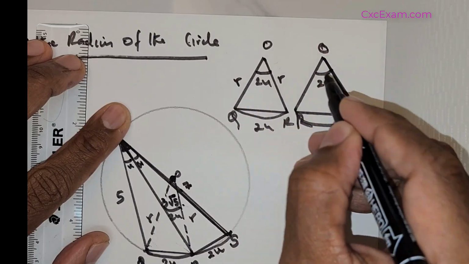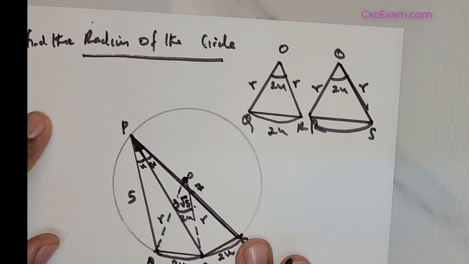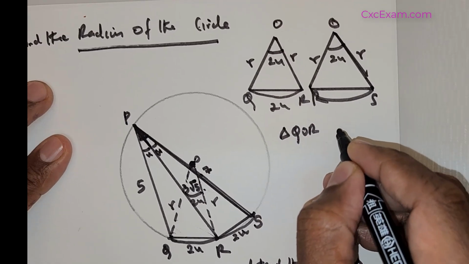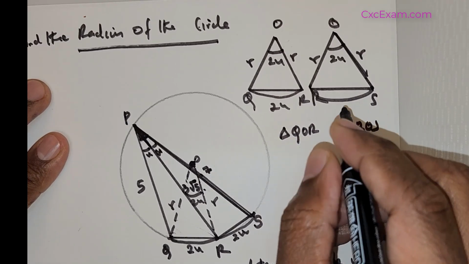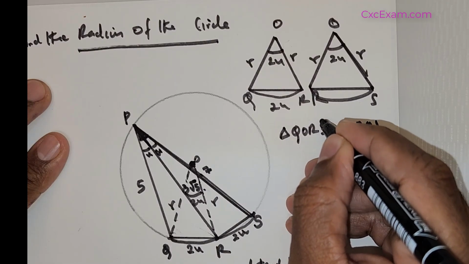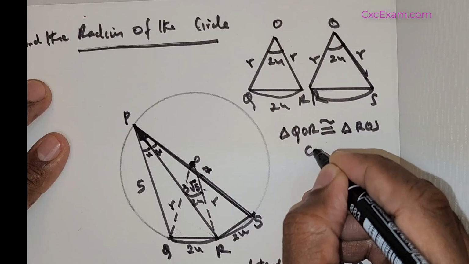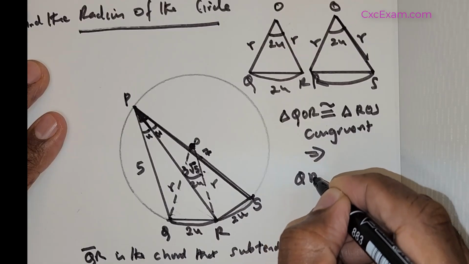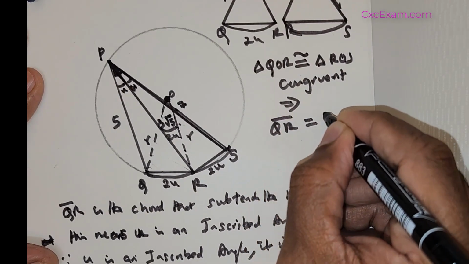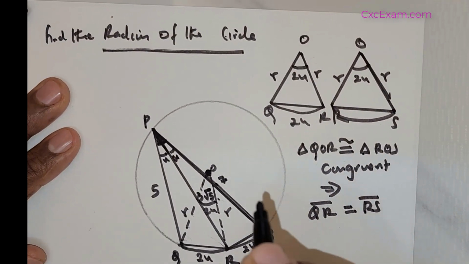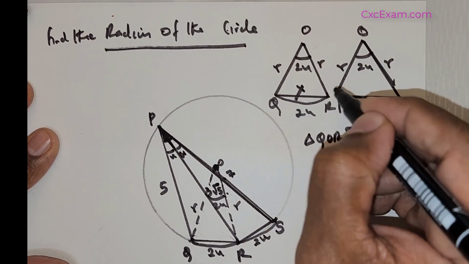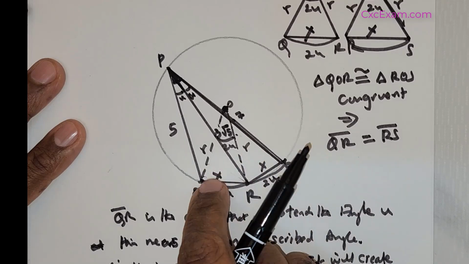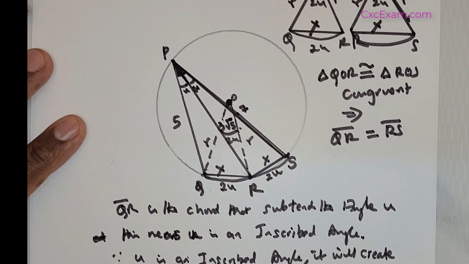Right? Now this is R, this is R, this is R, this is R. So clearly we see that triangle QOR and triangle ROS are congruent. So this means QR distance will be the same as RS distance. So we can take this as X and the same X will occur here. The same X will be occurring on both sides. Now that is very, very critical.